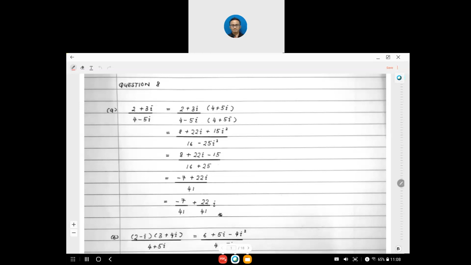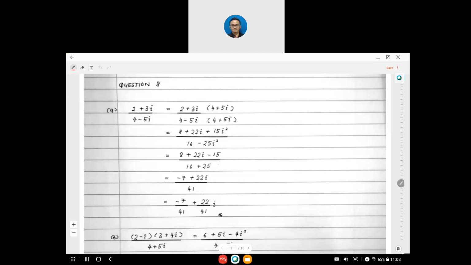The question is, write the following expressions in the form of A plus Bi. So you must give your answer in rectangular form, which is A plus Bi. For question A, the question is 2 plus 3i divided by 4 minus 5i.